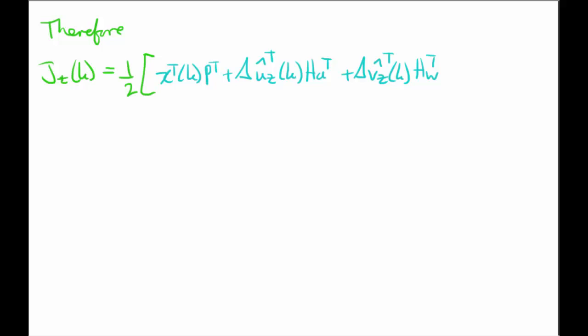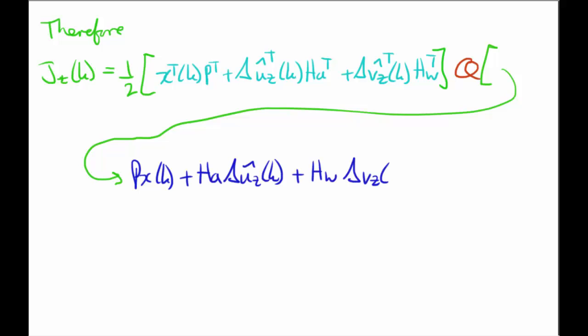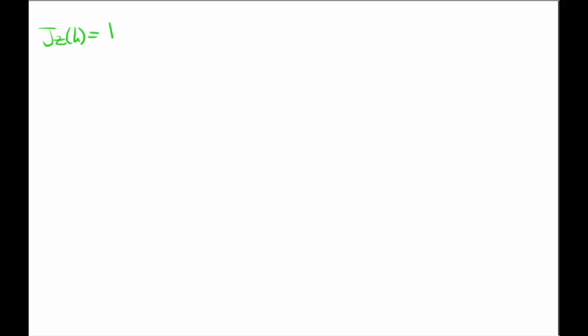So the first color is this part here, which is the y transpose by q, and then the yz of k. So this part's fairly tedious, but it's grand.